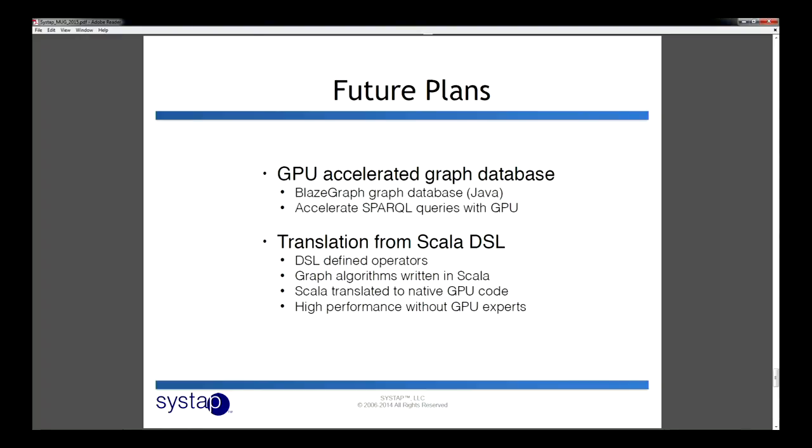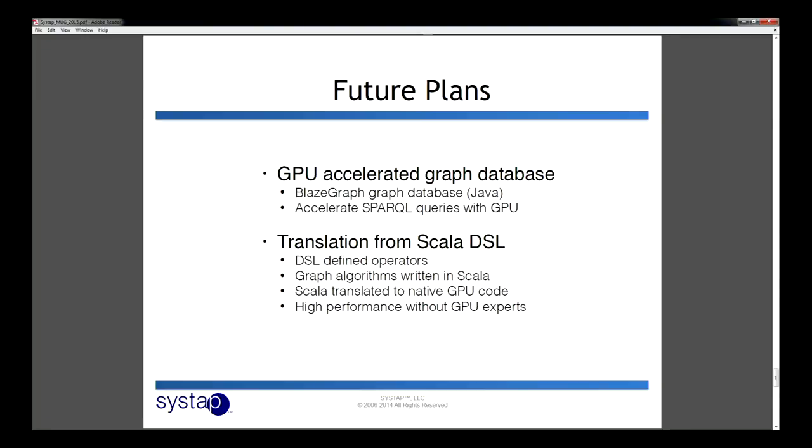We're also looking at doing translation from a Scala DSL for implementing graph algorithms. So we have a DSL which defines operators, including linear algebra operators and some of the gather, apply, scatter type operators, and vertex-centric paradigm, and we're working on writing a translation layer which will take that Scala code and generate native GPU code based on it.